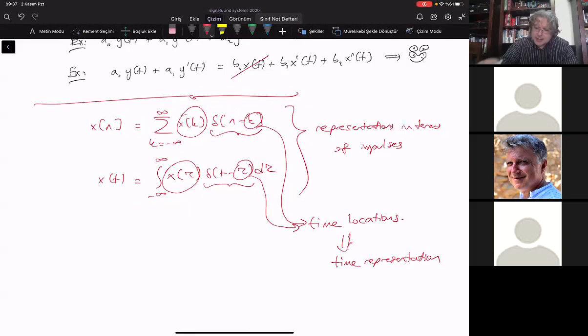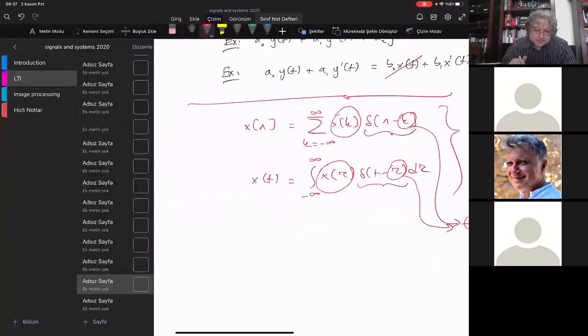Now, in our new chapter, we are going to look at a different representation. We will combine different things which are not located in time, but they are located in frequency. So they will be sinusoids. We will sum up sinusoids at different frequencies.